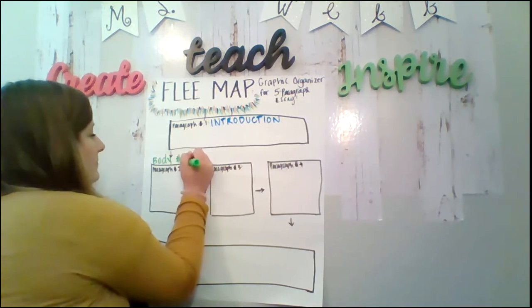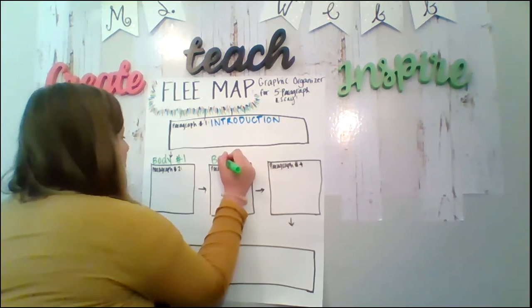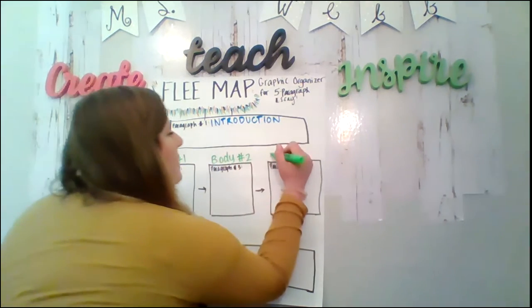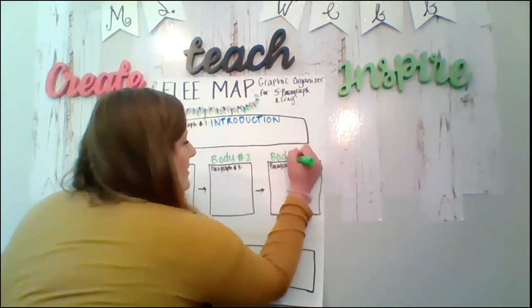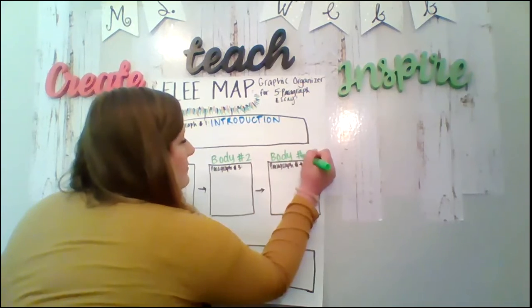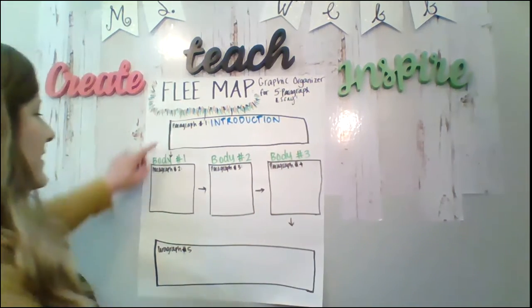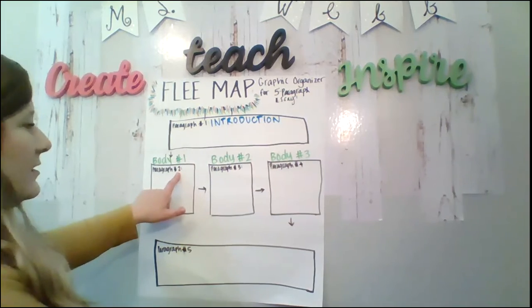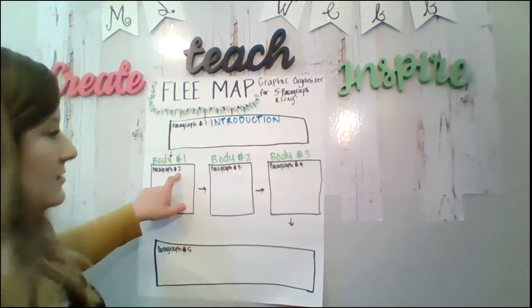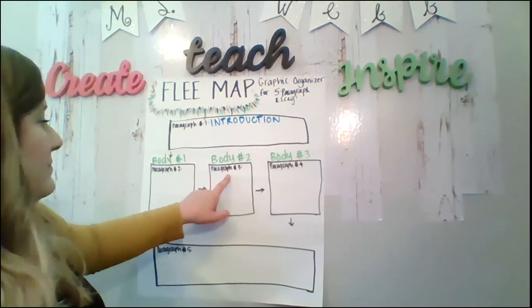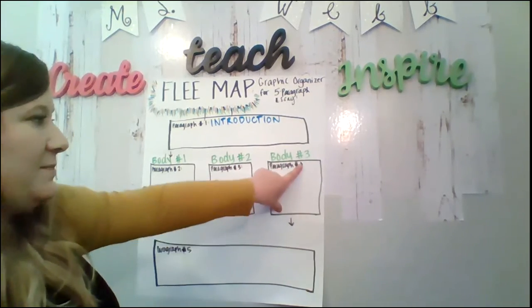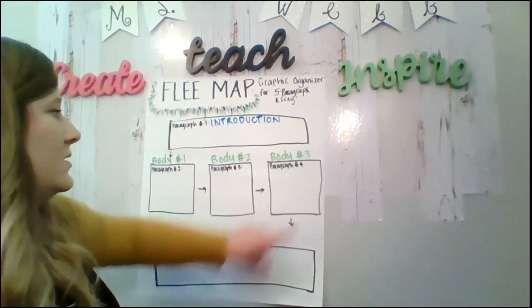Body number 1, body number 2, body number 3. Now, I know that these numbers are off by 1. That's because paragraph 1 is up here. So body 1 is actually paragraph 2 in your actual essay. Body number 2 is actually paragraph number 3 in your essay. Body 3 is actually paragraph 4 in your essay.